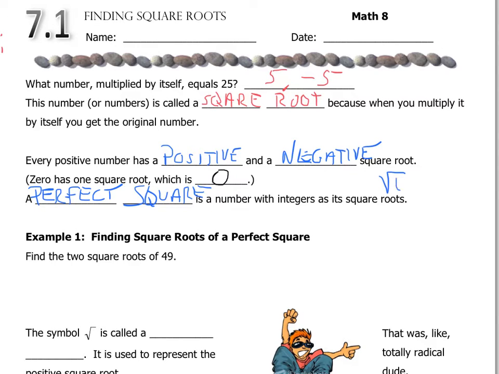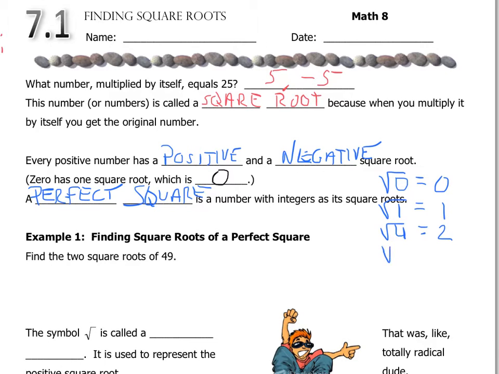The square root of 0 is 0. The square root of 1 is 1. The square root of 4 is 2. So 0, 1, and 4 would be perfect squares because when I take the square root, I get a nice integer: 0, 1, and 2. Now keep in mind we could also get negative 1 and negative 2 for those answers as well.